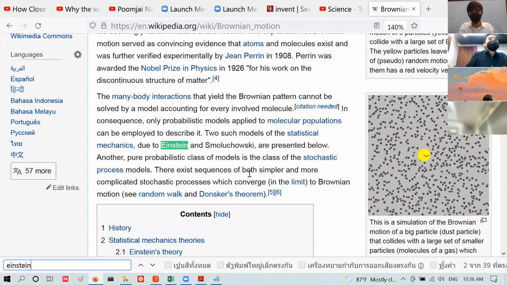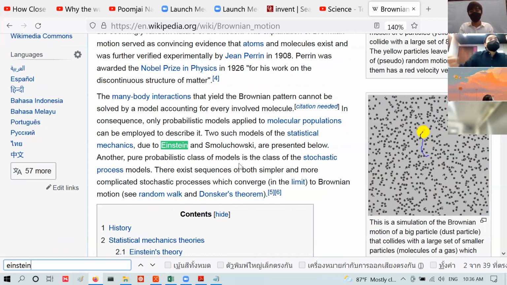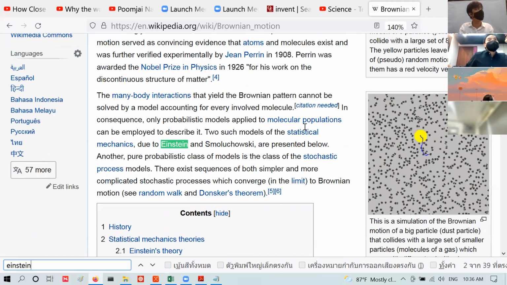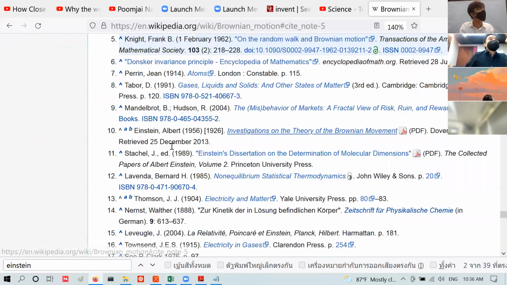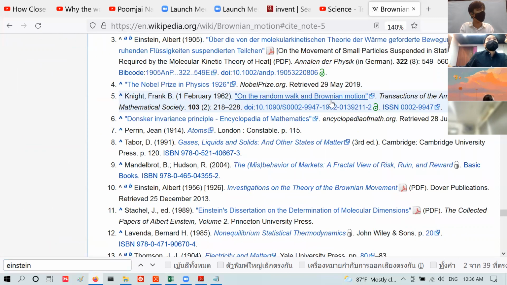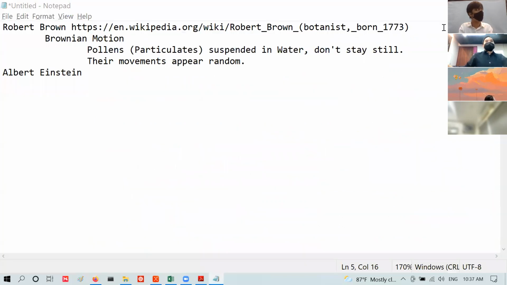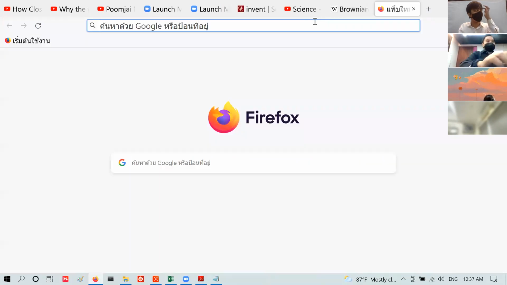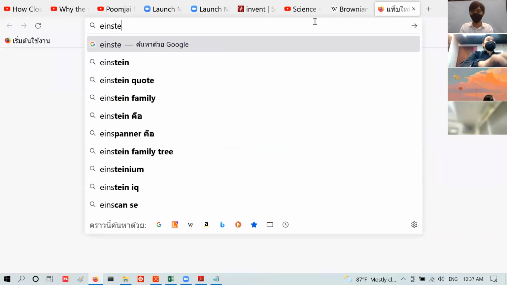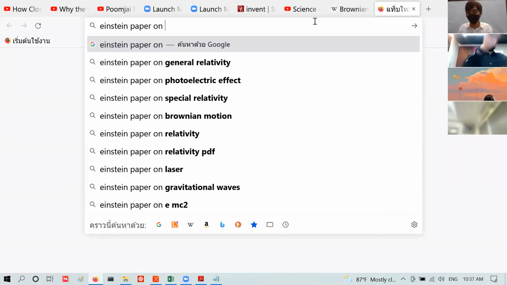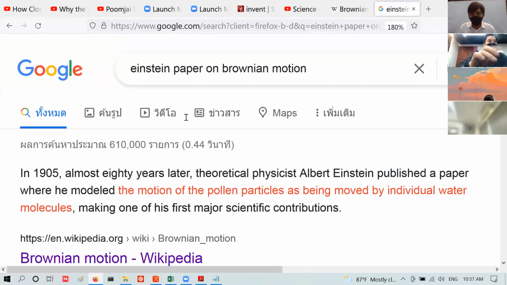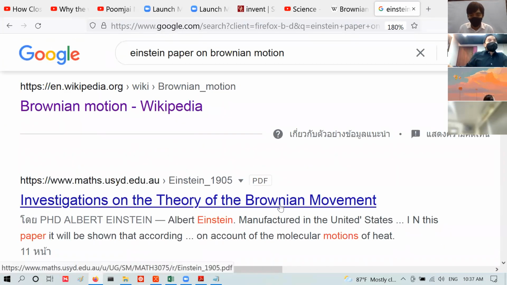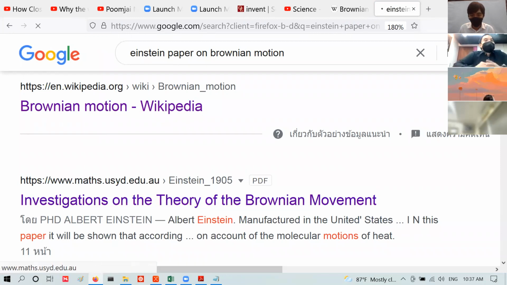Anyway, the interesting thing is Einstein. Where's Einstein? I'm trying to find the reference. Number 5, is that it? On the random walk of Brownian motion. No, there's actually an Einstein paper. Let's search for Einstein's paper on not general relativity, but on Brownian motion. Investigation on the theory of the Brownian movement.